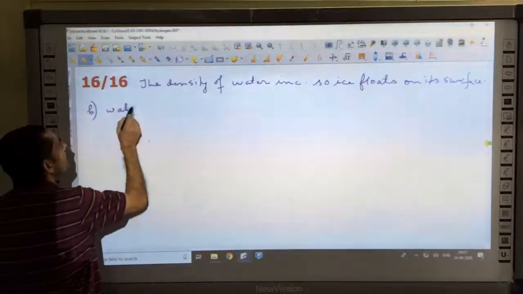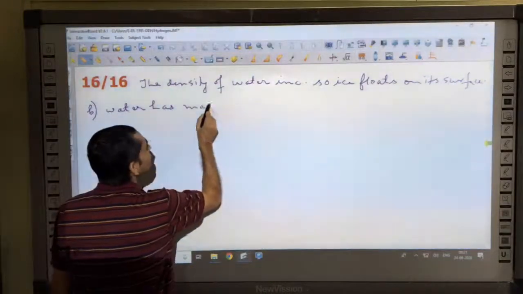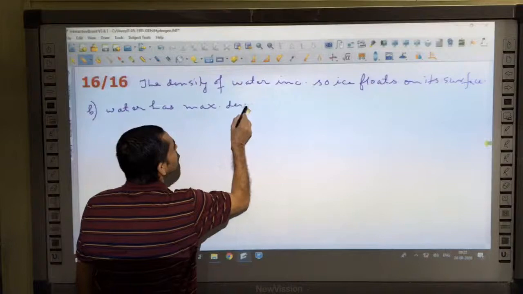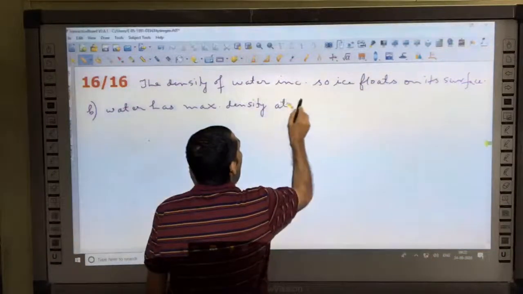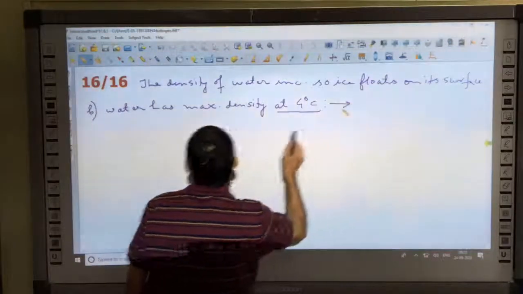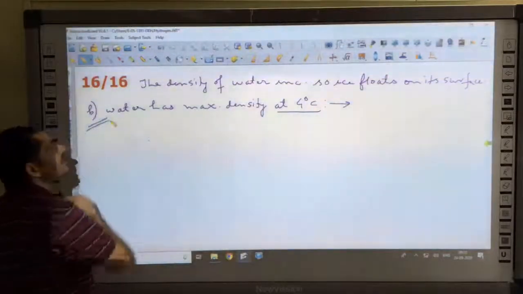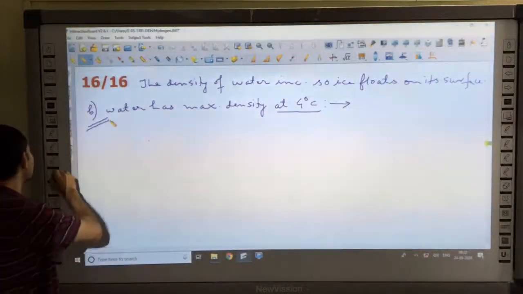Water has maximum density at 4 degrees centigrade. Now this is also very important. Water has maximum density at 4 degrees centigrade. Why? Let us see.